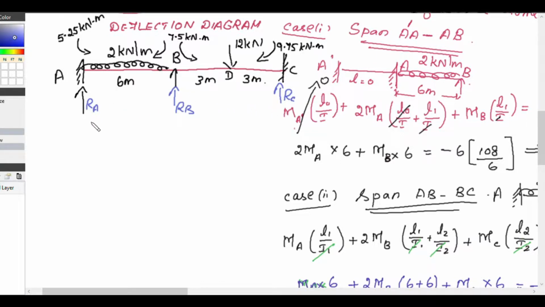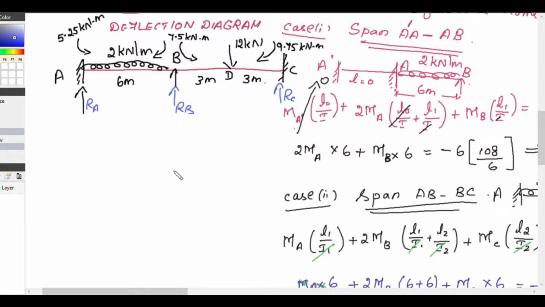So it is RA into 12 plus RB into 6 minus 12 into 3 minus 2 into 6 into 3 plus 6 and minus 5.25 is equal to minus 9.75. See, I will repeat.